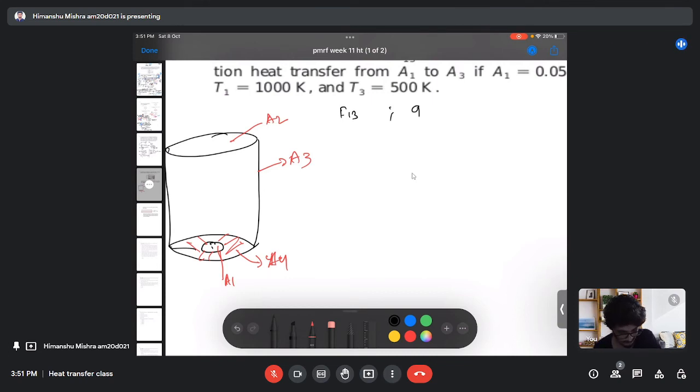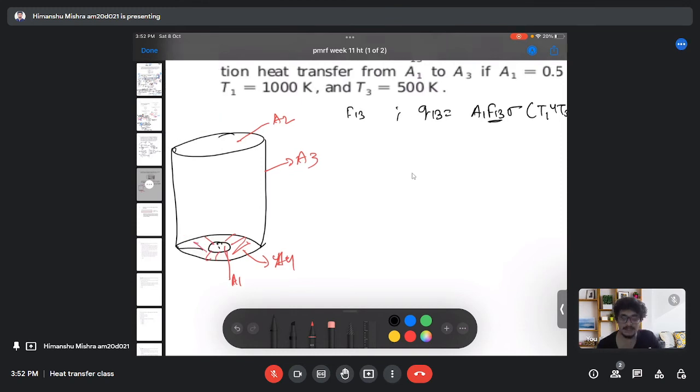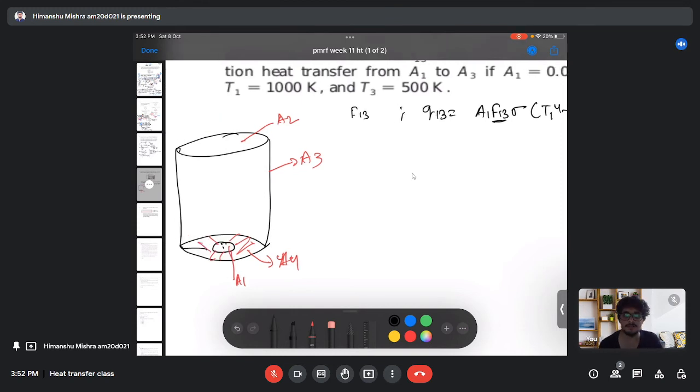So my heat transfer will be given by this relation. We anyway need to find this view factor F13. Since there are multiple surfaces, it is better to write the summation rule first for surface 1.